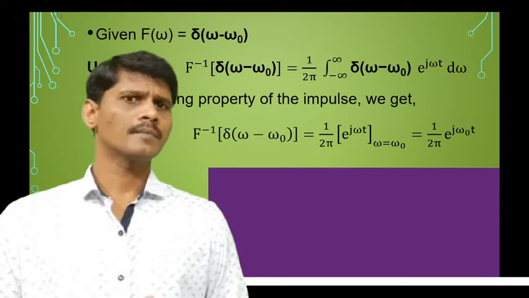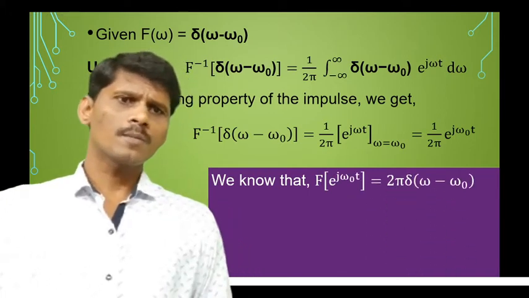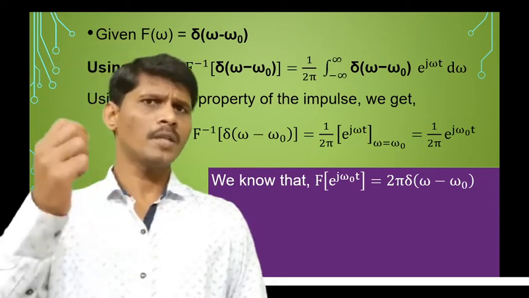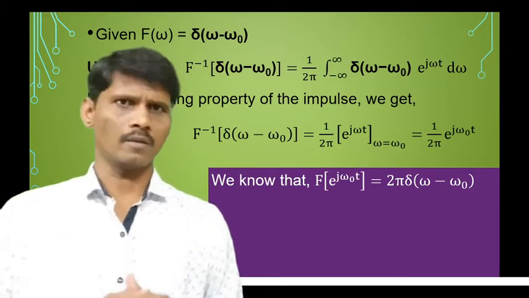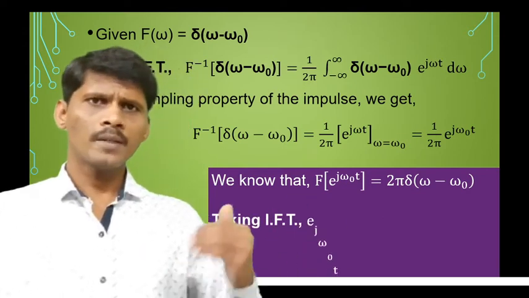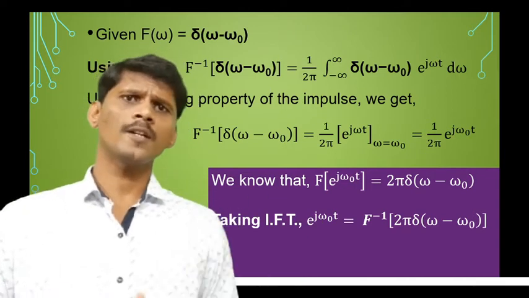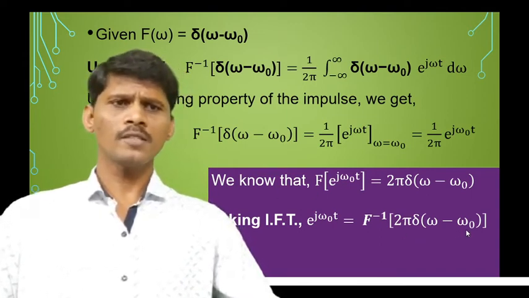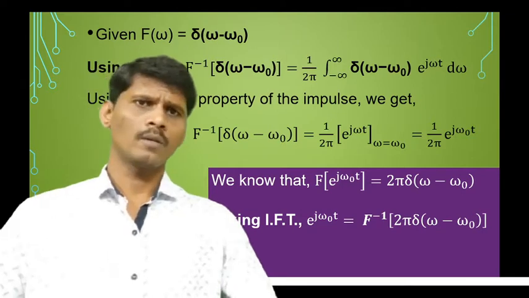That is one method, and one more method. What is the Fourier transform of e^{jω0t}? This was already calculated in the previous example: 2π δ(ω − ω0). Taking the inverse Fourier transform on both sides, on the LHS the Fourier transform and inverse Fourier transform cancel and the remaining term is e^{jω0t}. The RHS term is F inverse of 2π δ(ω − ω0). Since 2π is a constant, moving it to the LHS we divide by 2π.